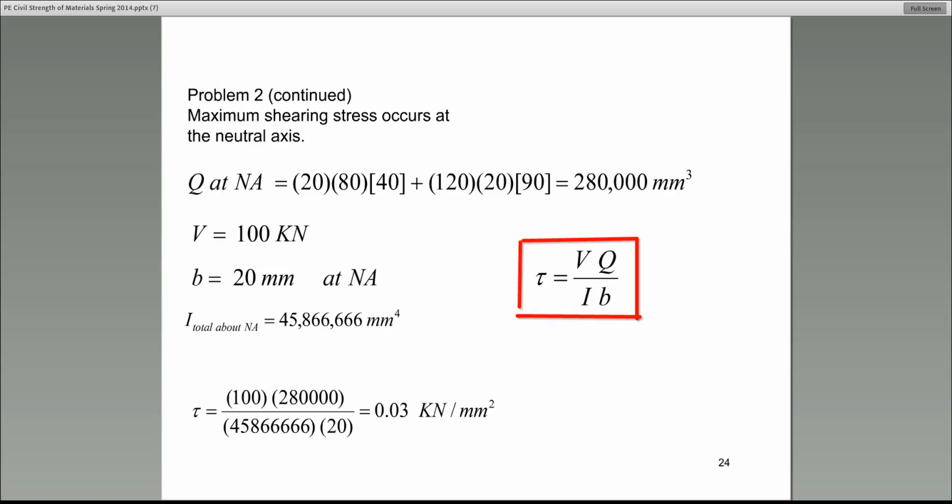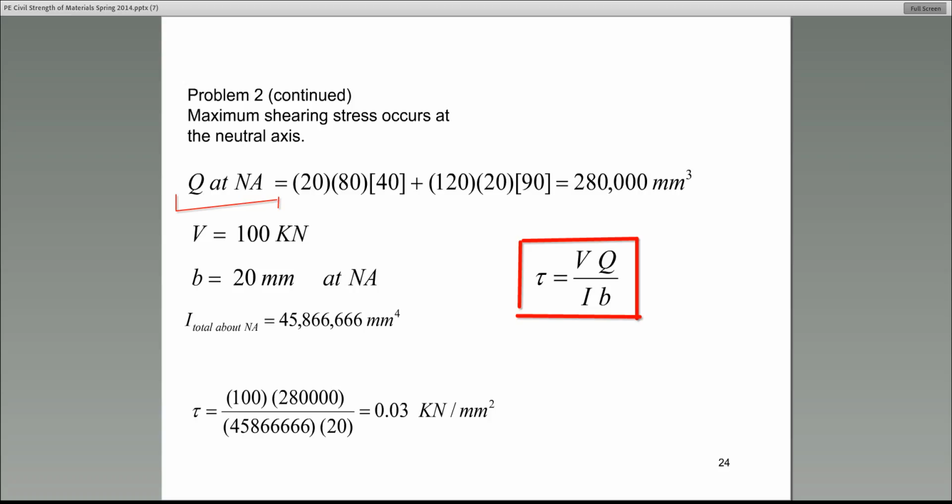Now, once we have the moment of inertia in slide number 24, I have demonstrated to you how we can calculate Q. I'm going to leave this up to you. Please make sure that you know how to find the Q value. That's the Q associated with the neutral axis because they want the maximum shear stress.